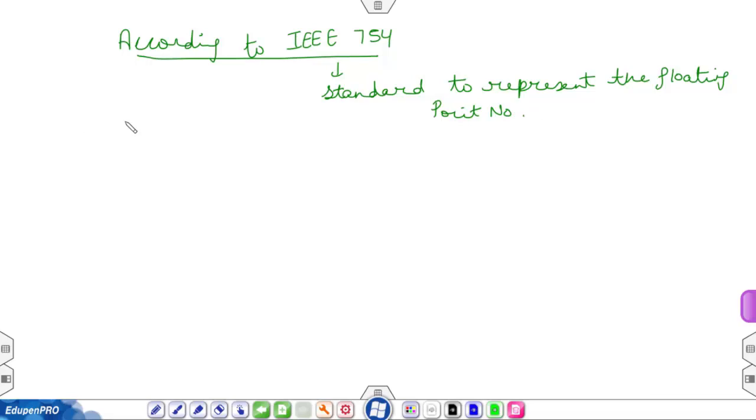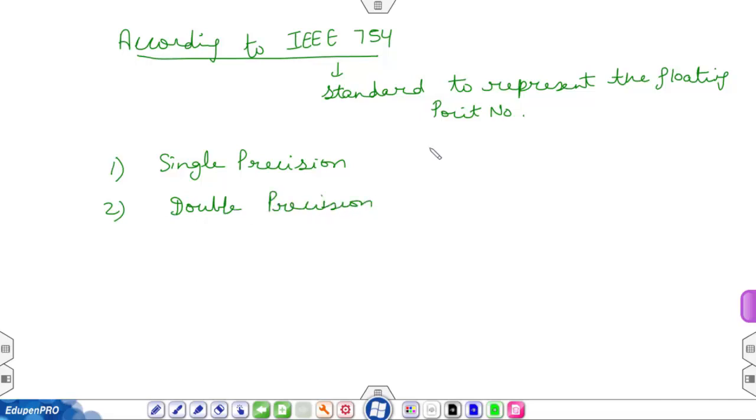According to IEEE 754, the floating point number can be represented in two ways. The first format is called single precision. The second is called double precision.